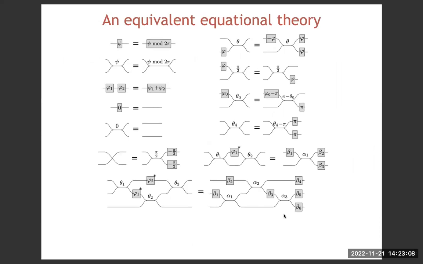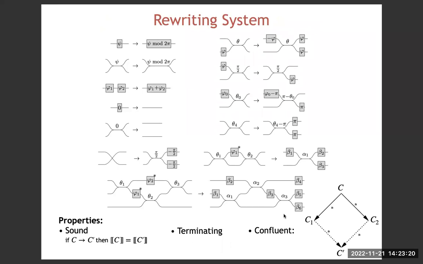It just has some more equations, but it's equivalent. And once we have this, we turn this equational theory into a rewriting system. For all these equations, we consider that the left part is going to be rewritten into the right part. Whenever we see a diagram like this one, we replace it by this one.